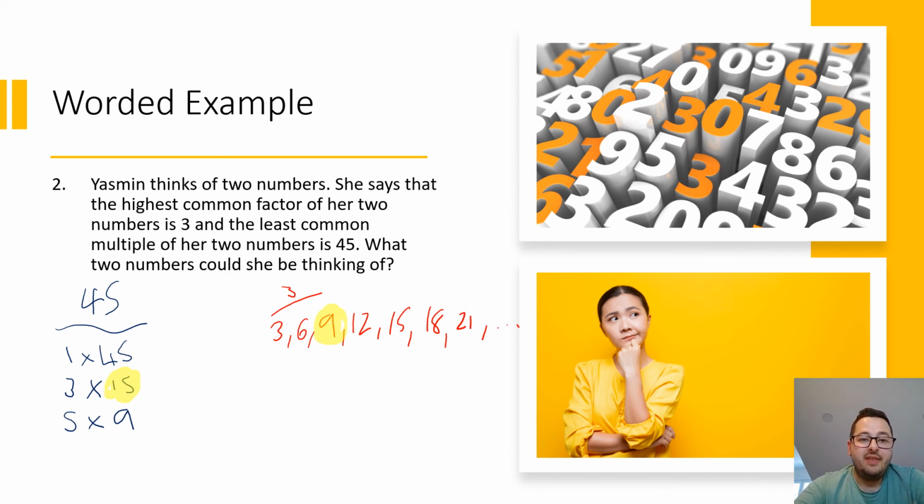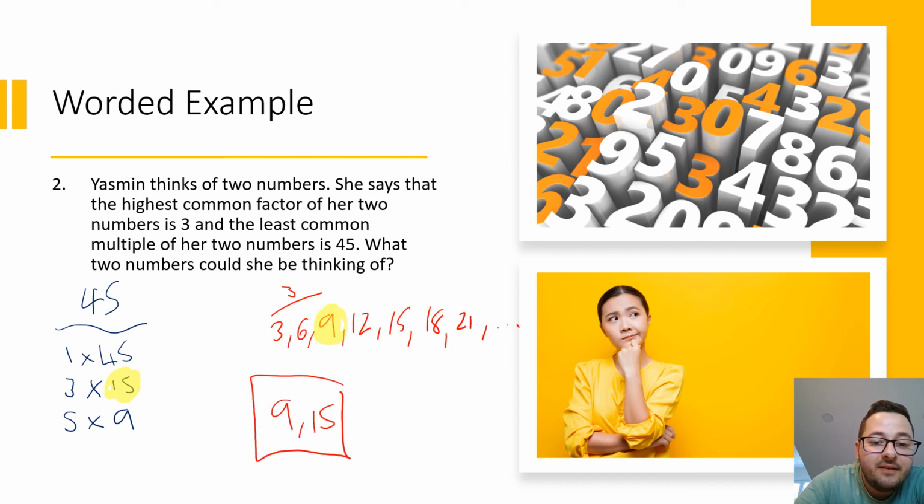And that's because the lowest common multiple of 9 and 15 is going to be 45. Yeah, it's in the 9 times table, it's in the 15 times table. There's nothing lower that's in both. And also the highest common factor of those 2 numbers is 3. Okay, so let's just write out our answer properly then. So the 2 numbers are going to be 9 and 15.